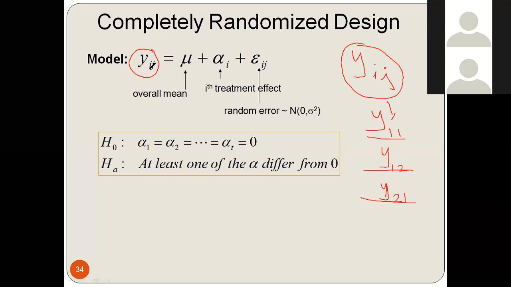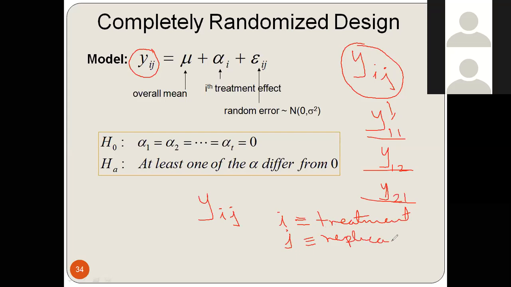So this observed value, let's say Yij. I is referring to treatment. J is referring to replicate.